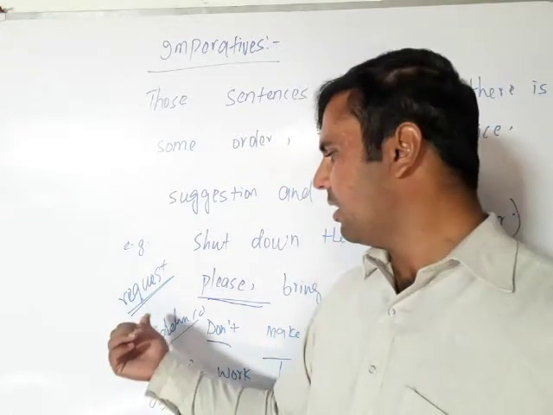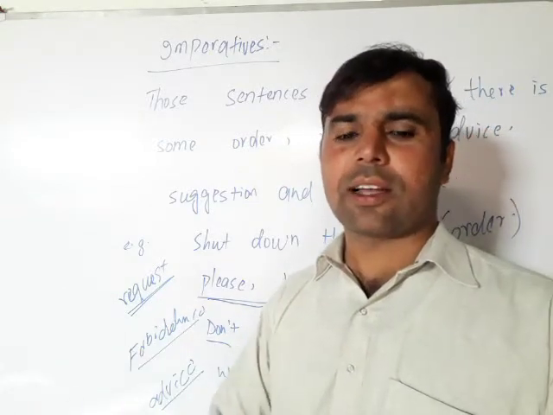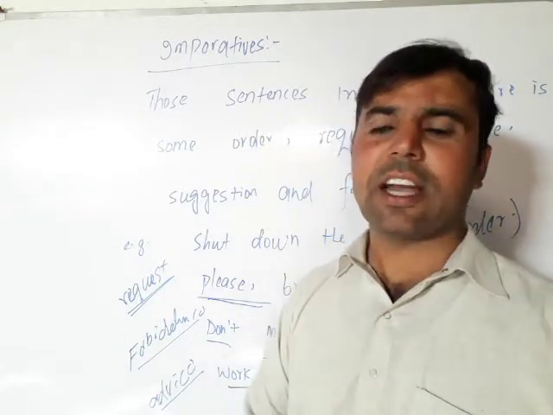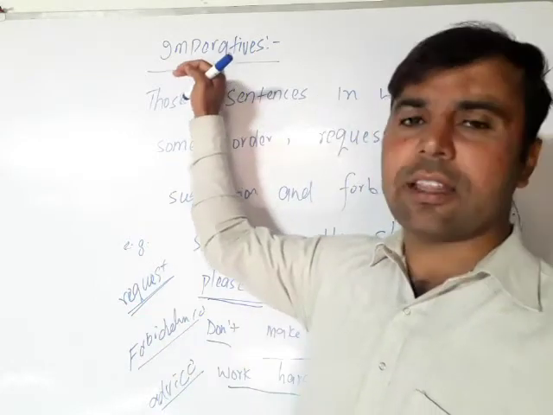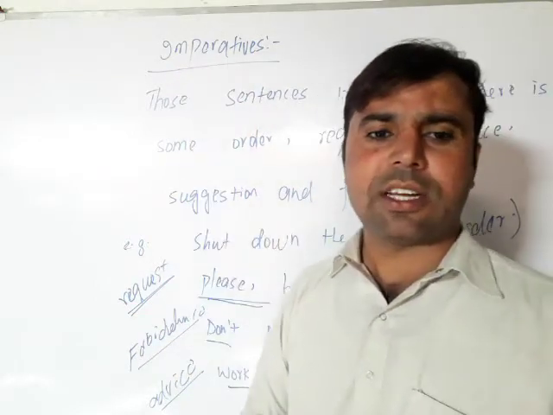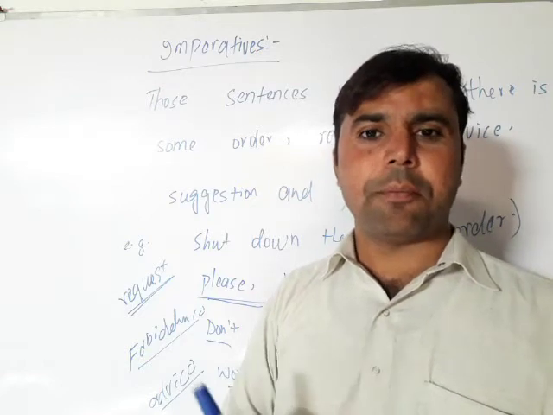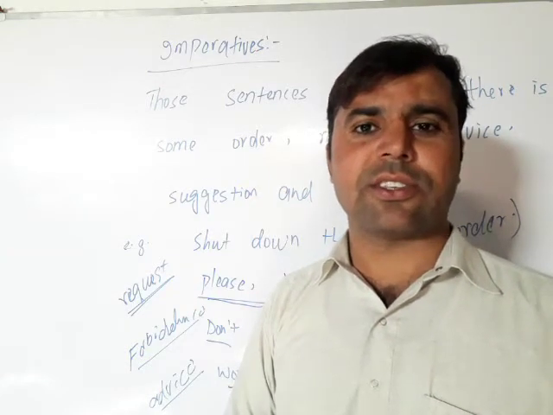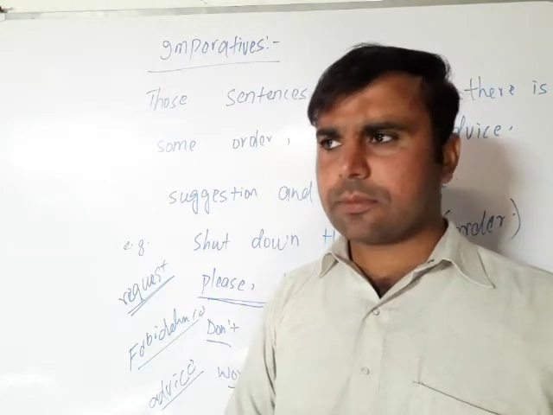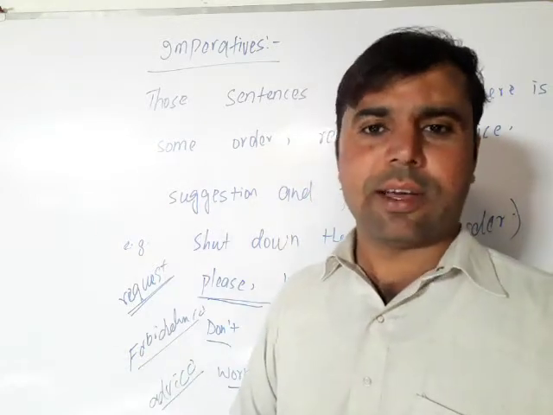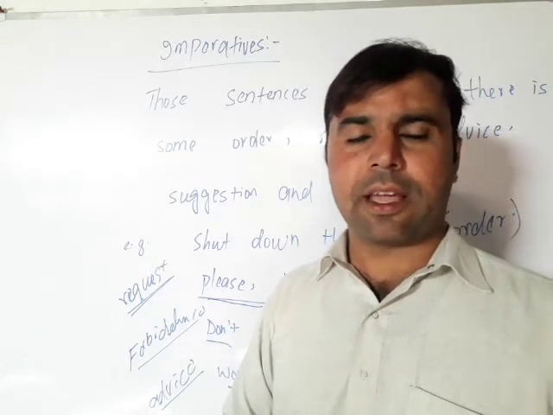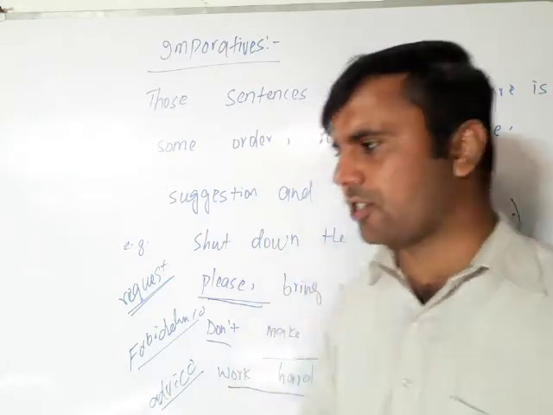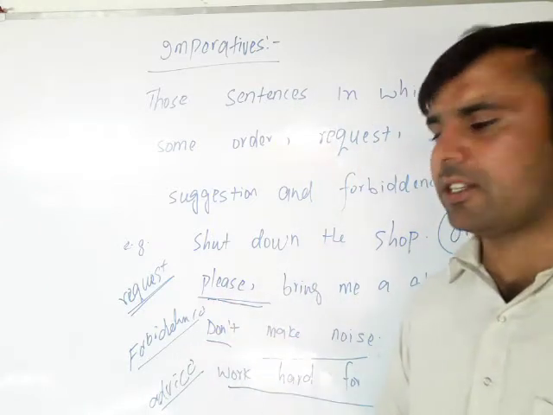I mean to say, there is a request for a glass of water in this sentence, and we still will name it an imperative sentence, because in the definition we have said that imperative sentences are those sentences that contain order, request, forbiddance, advice, and suggestion. So it is an imperative sentence.